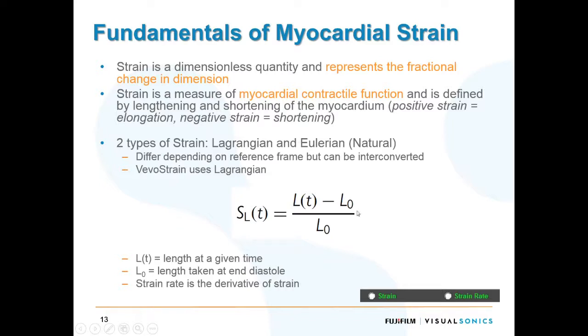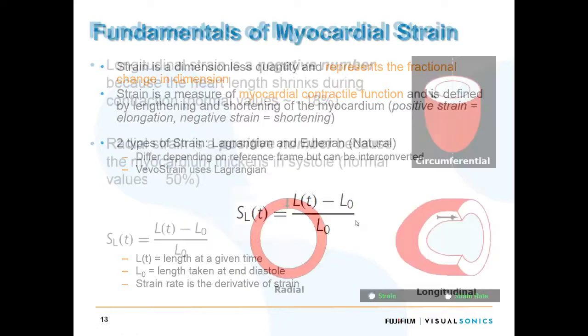Eulerian strain has an always changing reference frame. So most strain uses Lagrangian, but if you are interested in doing Eulerian strain, there are equations that can convert Lagrangian to Eulerian. So you're not limited to only using Lagrangian, but that's what VevoStrain uses.